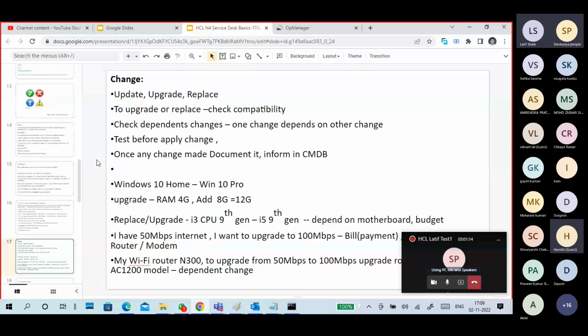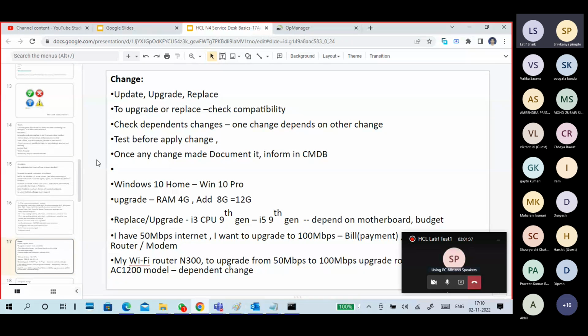Normally, on our PCs we have antivirus software on individual computers, but in an organization they have an antivirus server. He updated the antivirus server without informing others.